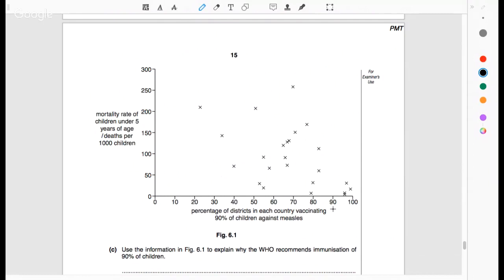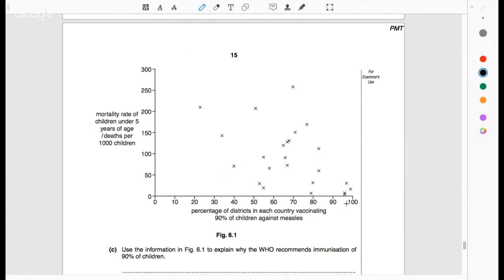Okay. So there's no pattern in the graph, or it's a fairly random arrangement.